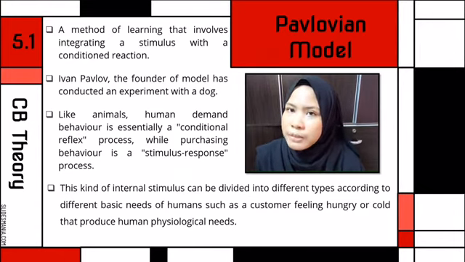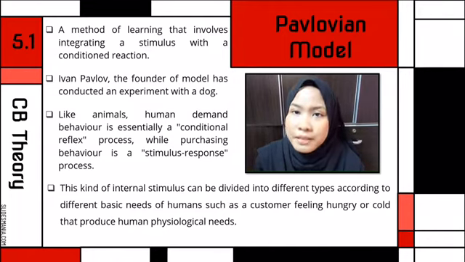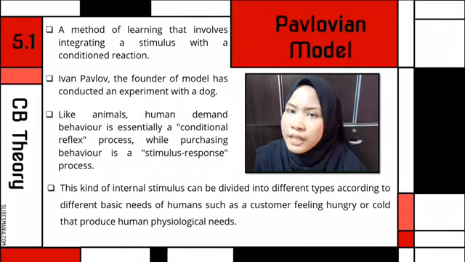From this experiment, like animals, human demand behavior is essentially a conditional reflex process, while purchasing behavior is a stimulus-response process. So this kind of internal stimulus can be divided into different types according to different basic needs of humans, such as customers feeling hungry or cold, which produce human psychological needs.